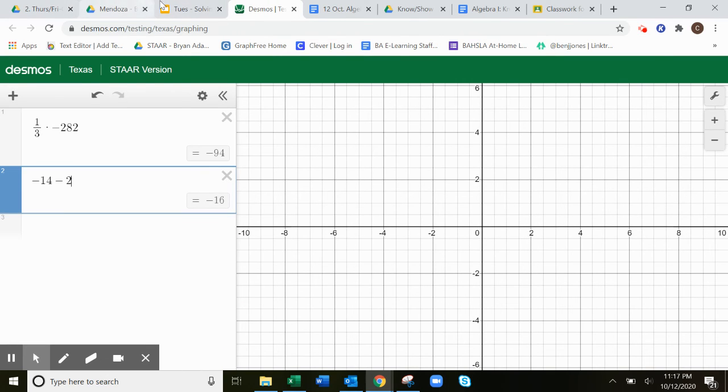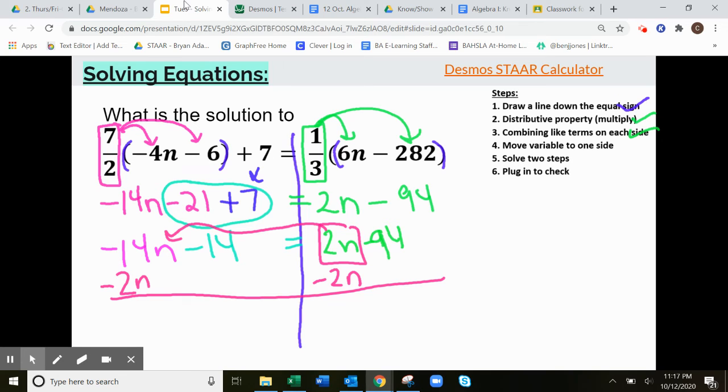That gives us negative 16. So negative 16n minus 14 equals negative 94, and then everything else just comes around.